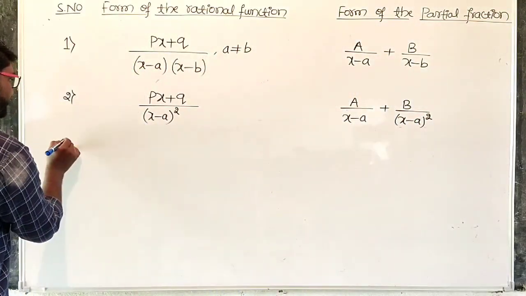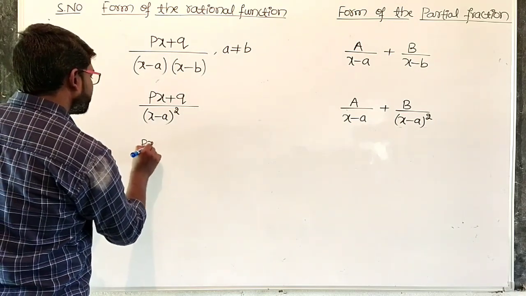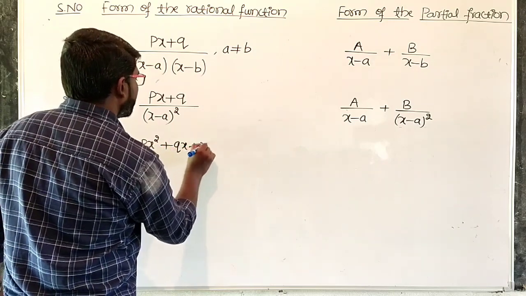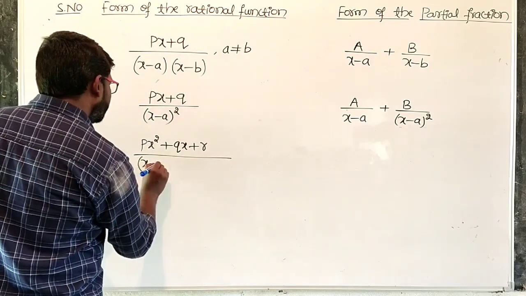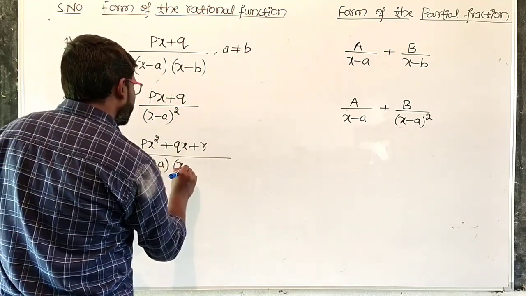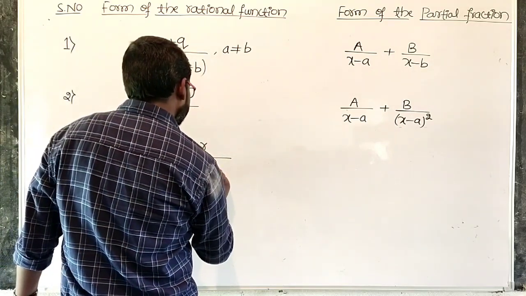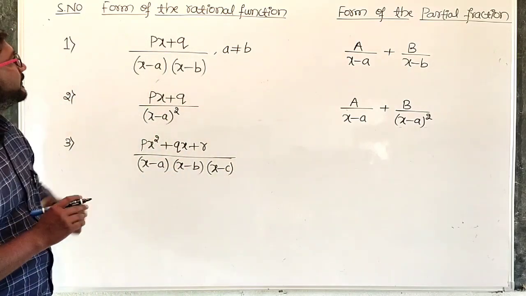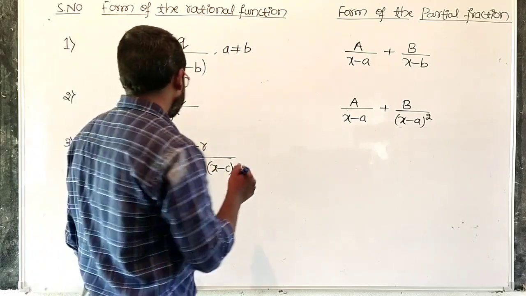Let us go for the third one. So it is px square plus qx plus r divided by x minus a into x minus b into x minus c. If this is the form of the rational function, what will be its form of the partial fraction?